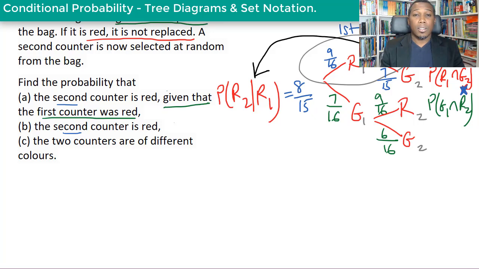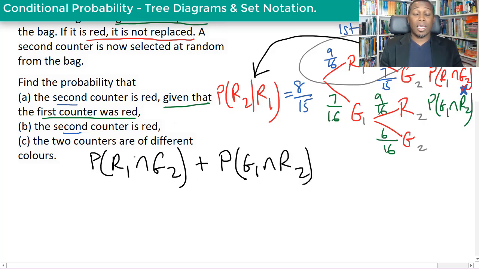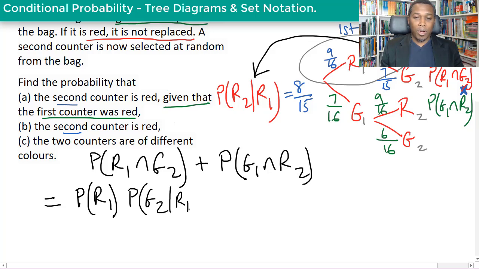So for C, in terms of set notation, what we want is the probability of red first and then green, plus the probability of green first and red second. That's the two different ways you can get two counters of different colors. I can just work it out using set notation now: the probability of getting red first multiplied by the probability of getting green given that I got red first.